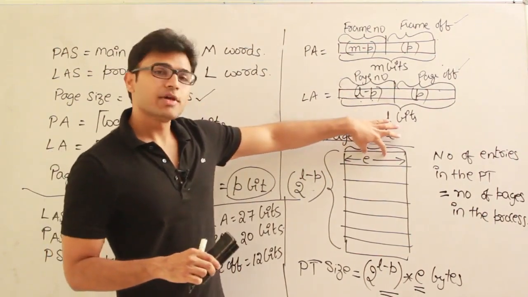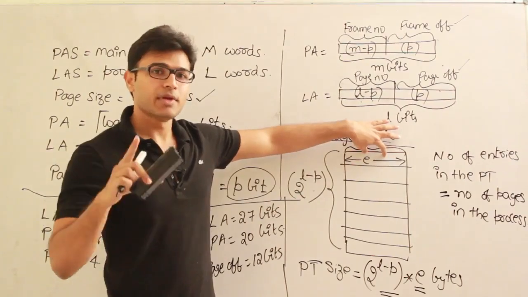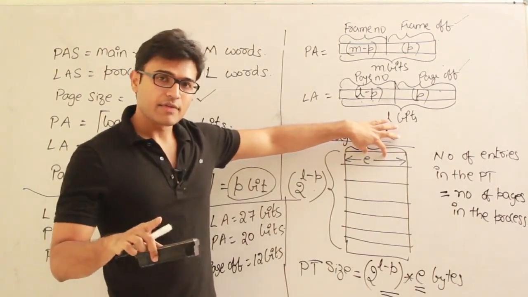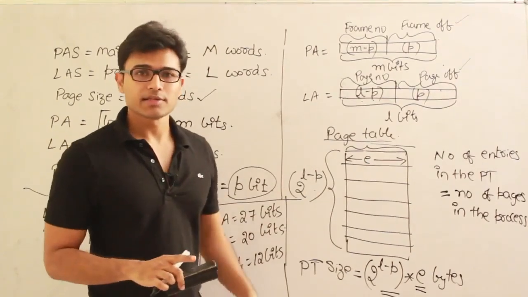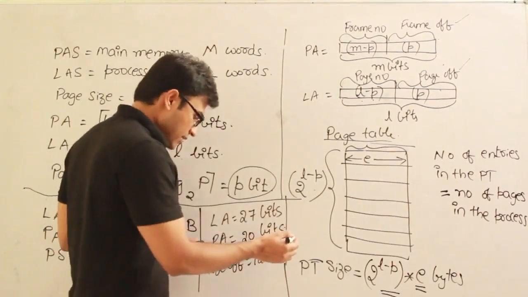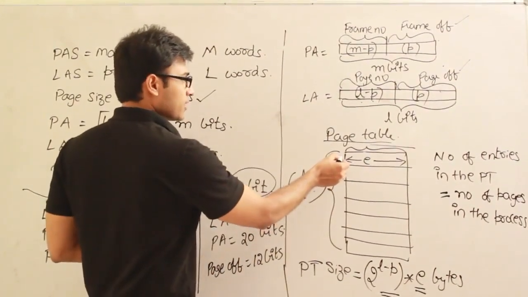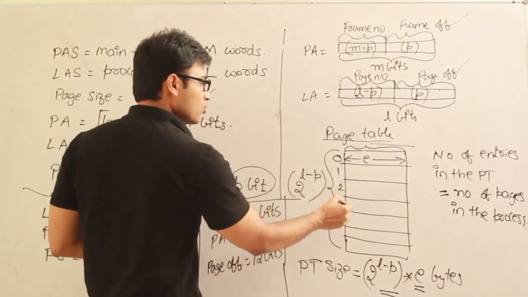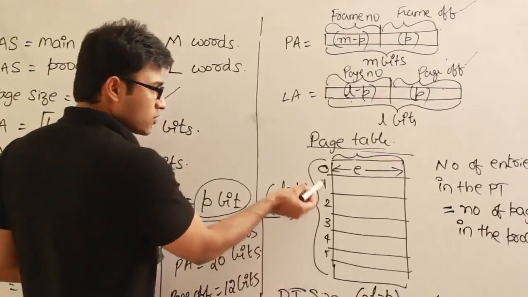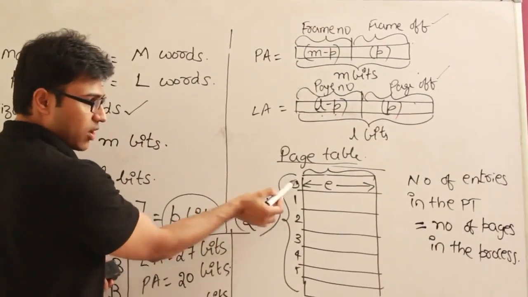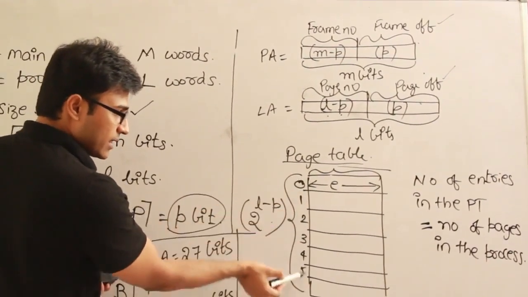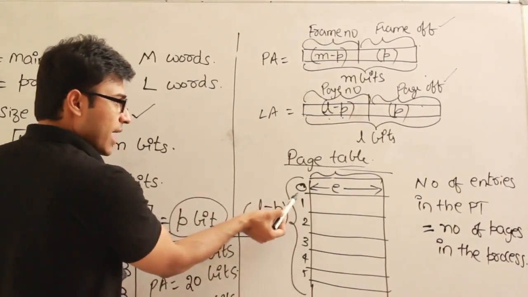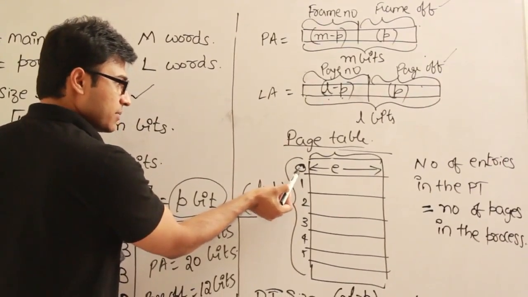What will be present in the page table entry? The page table entry will contain the frame number in which this particular page is present. For example, the page table will have entries 0, 1, 2, 3, 4, 5. These numbers will not be present inside the page table, because it is just like an array; these are the indices of the page table, and each index represents the page number.